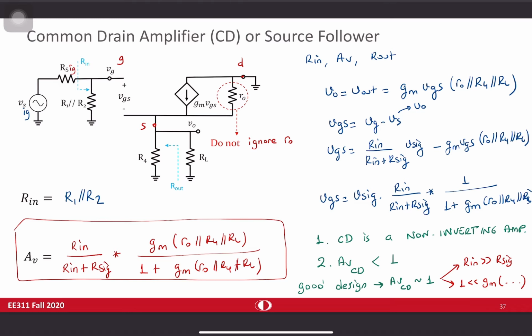Here I made a mistake, so it's not plus, but it should be in parallel. So you want to make this part larger than 1. And this thing is a voltage buffer. Of course, if the design is good. A good design means that AV is close to 1, of course.